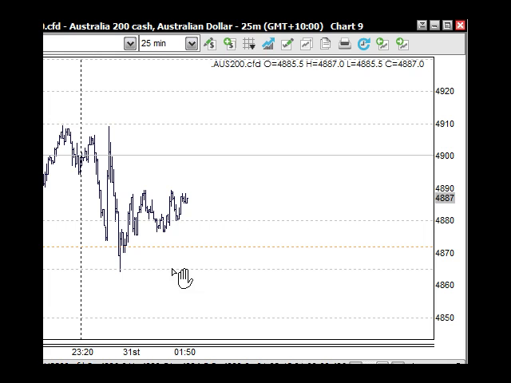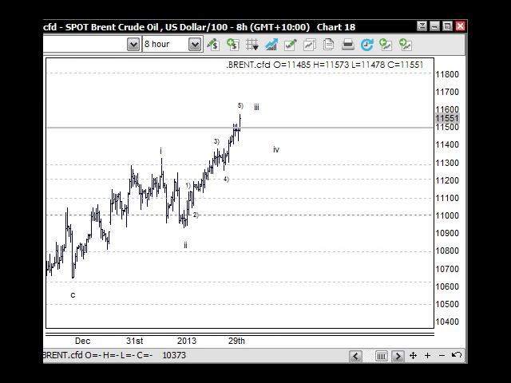Alrighty, let's have a look at the commodities as they are being sold off as well, but once again only as part of a correction in a more bullish market. Just looking at oil, this is Brent here. Not that we normally follow it, but I always like to keep a bit of an eye on it.